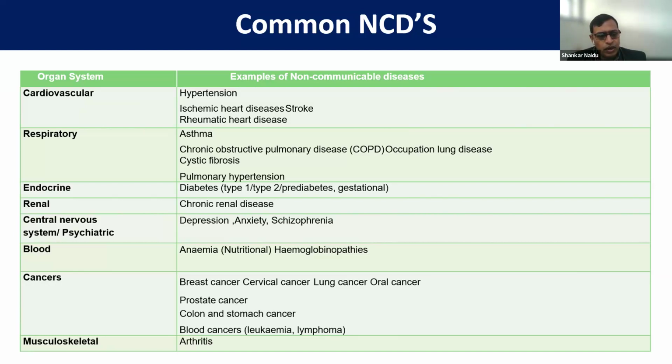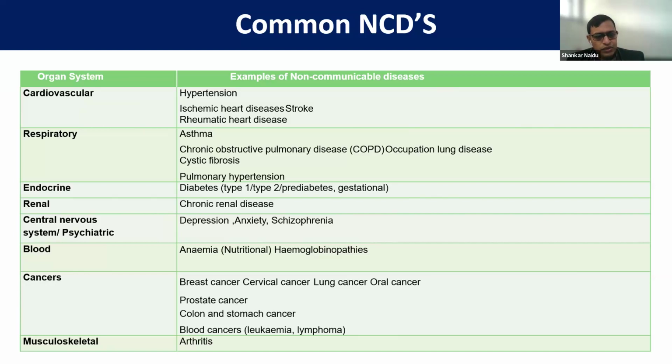Among the endocrine conditions, diabetes, as we know, India is one of the countries with the highest prevalence of diabetes in the general population. So even PLHIV patients can develop diabetes, which might complicate the disease course. The other NCDs include chronic kidney diseases, then psychiatric diseases like depression, anxiety, and schizophrenia.